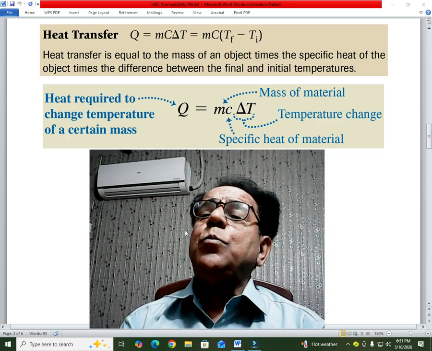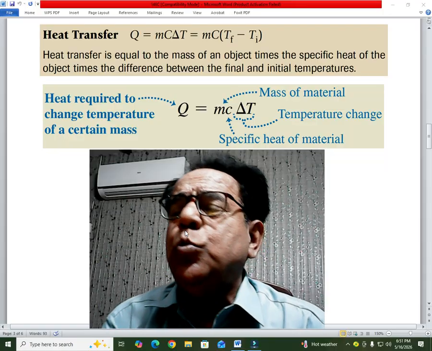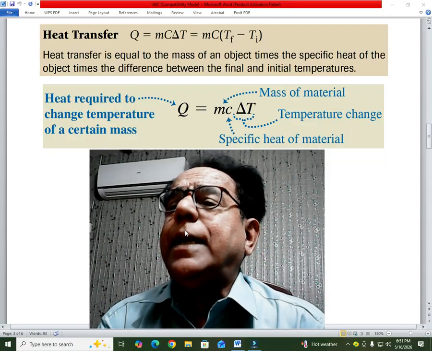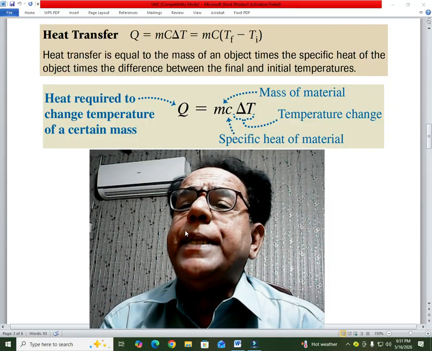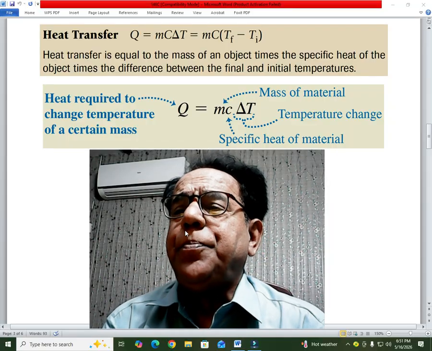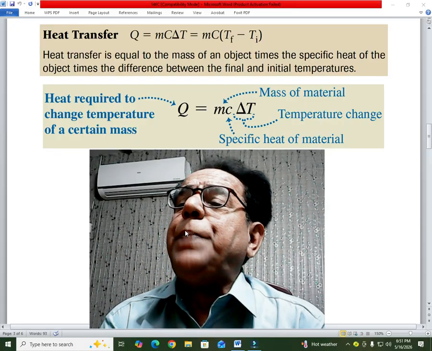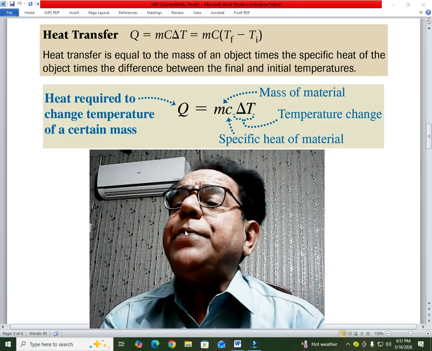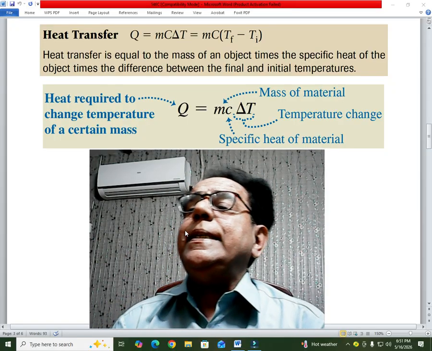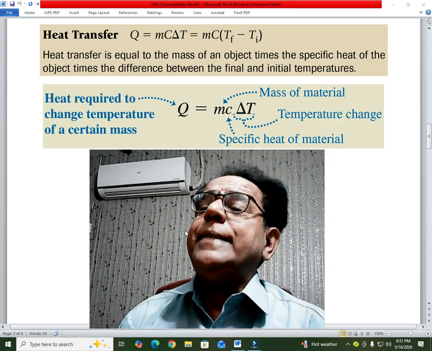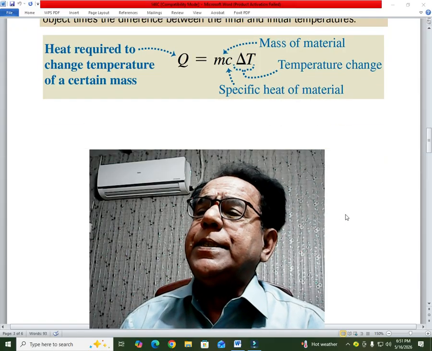The same formula has been given in another form below, that is Q is equal to mc delta T, where Q is heat required to change temperature of a certain mass, m is the mass of material, C is the specific heat of material which we have taken from the table of physical constants, and delta T is temperature change, that is Tf minus Ti, final temperature minus initial temperature.